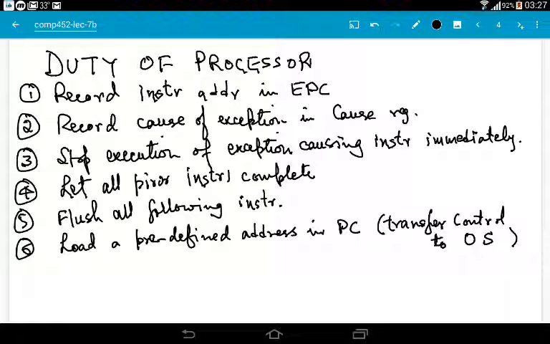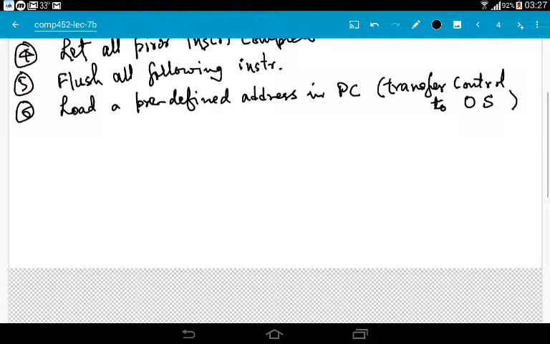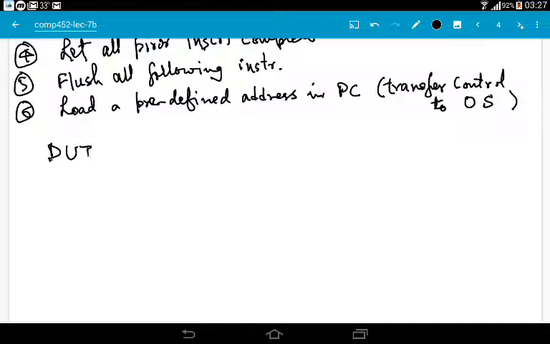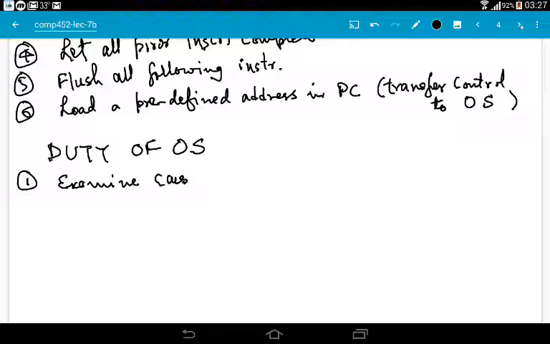Okay, now what are the duties of the OS? Duty of the operating system: 1, examine the cause register.